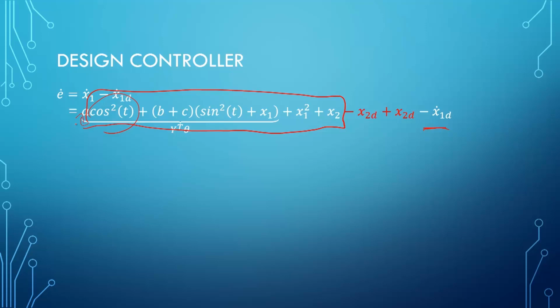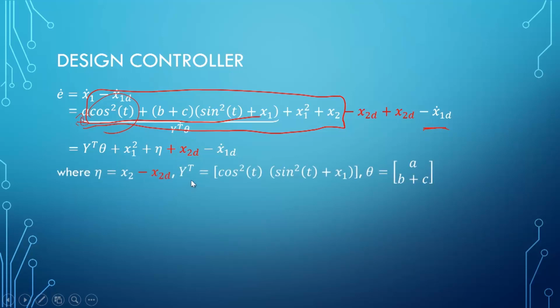You can segregate the unknown constants and the known functions. I believe you all know this because that was in your homework. So you can replace this part by y transpose theta.